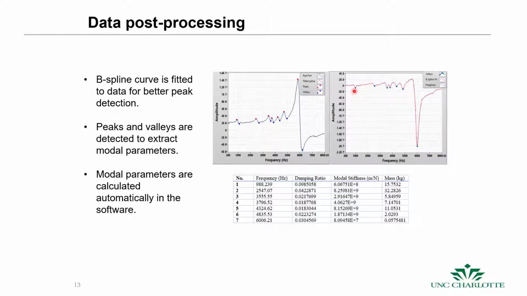And by picking these, we can actually extract the frequency where that energy shows up, the effective damping at that frequency, and the modal stiffness, which is sort of a stiffness of that system at that frequency.